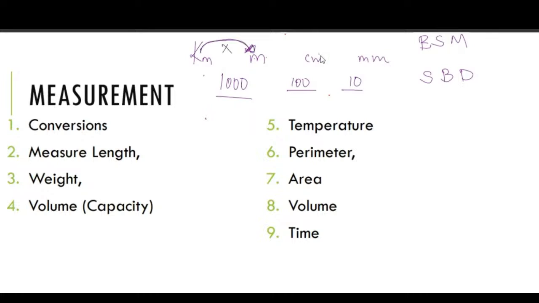Why? You're going from a big unit to a smaller unit. Still, it goes on and on. Here also, you're going to multiply. This section here, you multiply by 10. This section here, you multiply by 100. This section here, you multiply by 1,000. So the other way around, small to big.